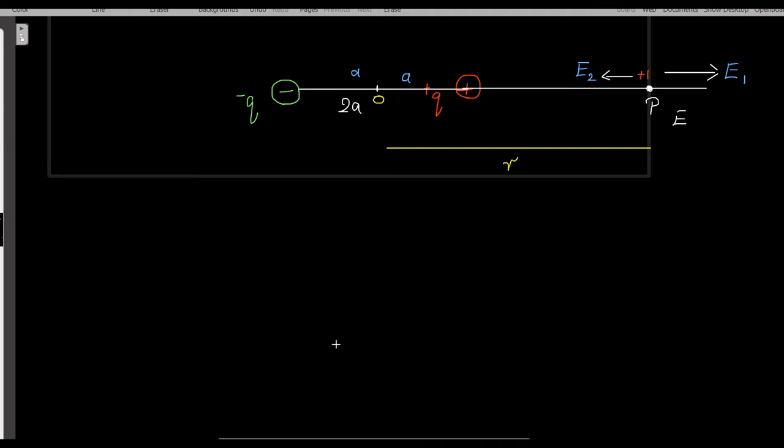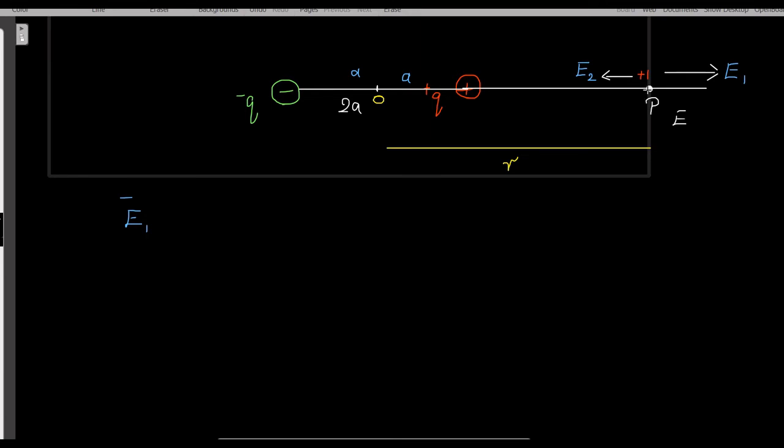Now calculate what is E1. So we can write E1, which is the field at P due to plus q. Wherever we are calculating the field, we need to imagine a unit positive charge is placed.